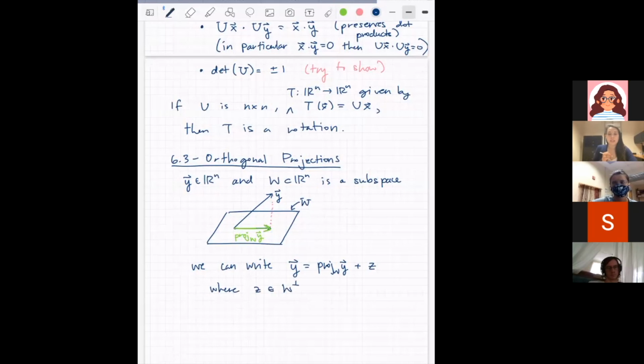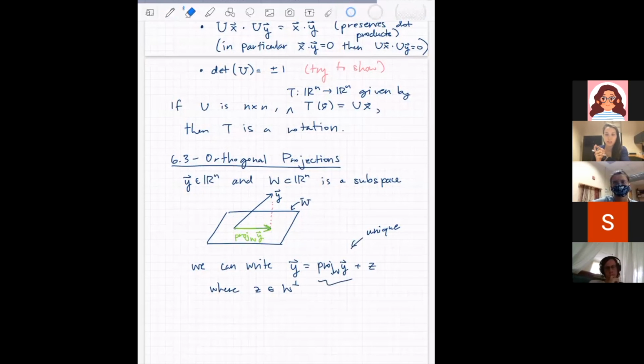And it turns out that this is a unique representation of y, right?